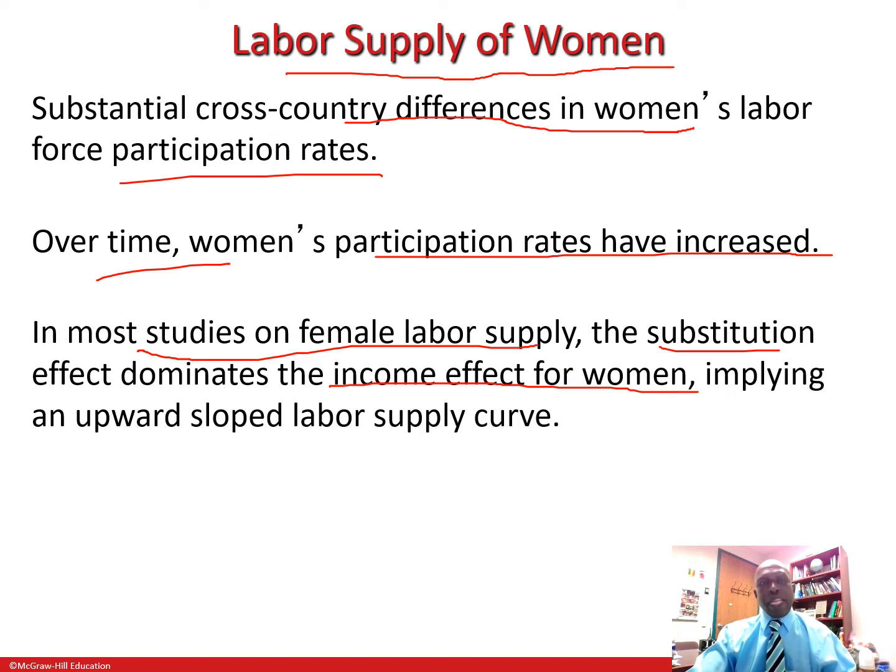So this implies that we have an upward sloping labor supply curve, meaning that as the wage rate increases, more and more women want to work. Therefore, the labor supply curve for women will be positively sloped, or upward sloping.